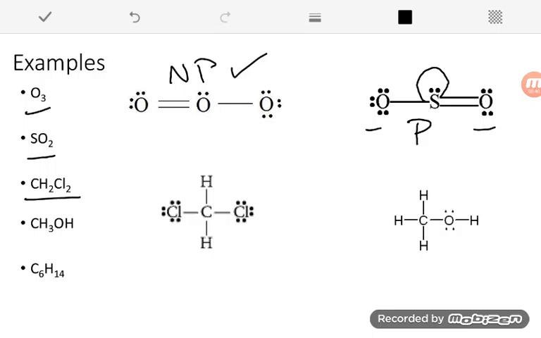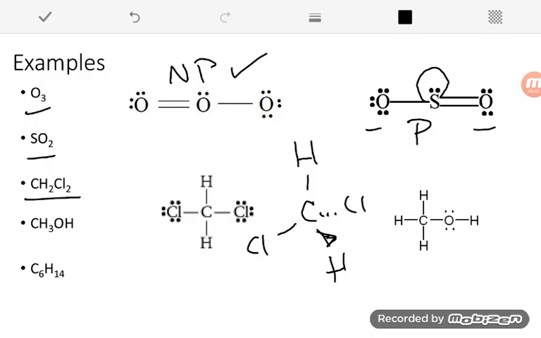All right, CH2Cl2. Now, this one's tricky because if we look at it, it looks like it's nice and symmetric. But what we have to keep in mind is that's not the real shape. That's the Lewis structure shape, but really, this molecule should be drawn with a wedge and a dash. It's hard on a tablet.